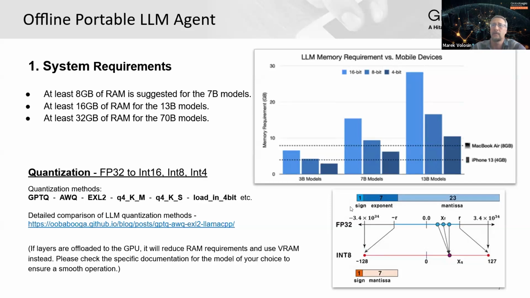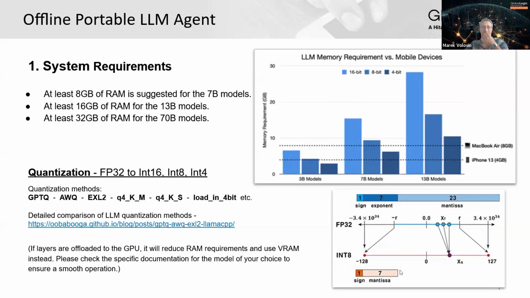In this image you can see the difference between a floating point 32-bit number and an integer 8-bit number. Here is the memory consumption of that floating point number, and the memory consumption of the 8-bit number.